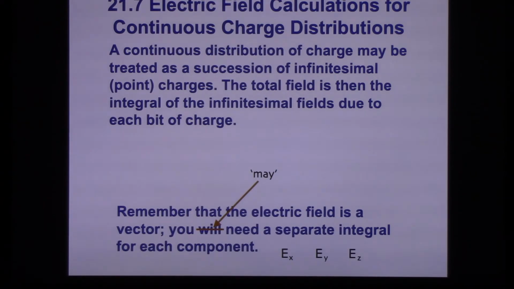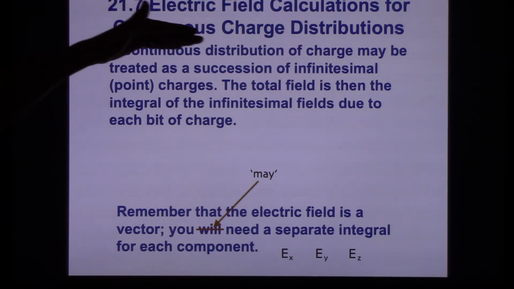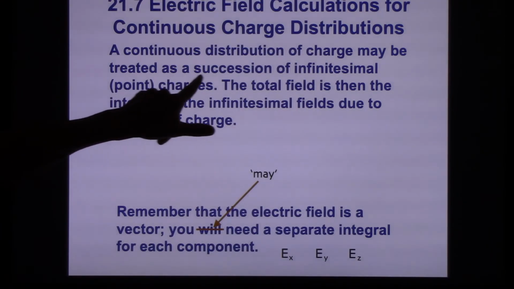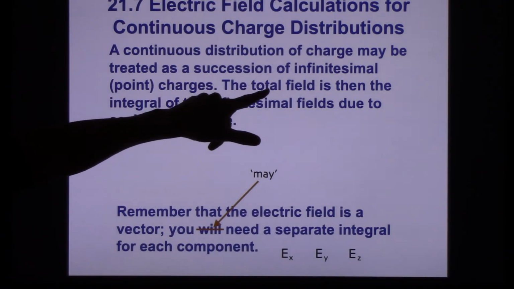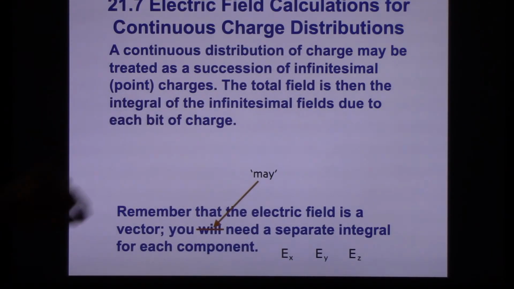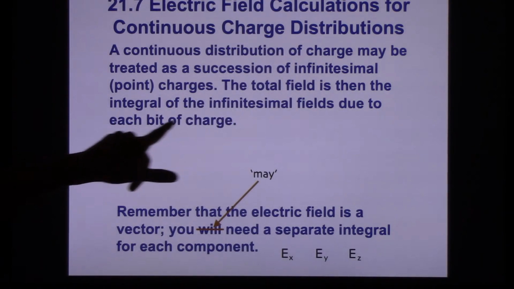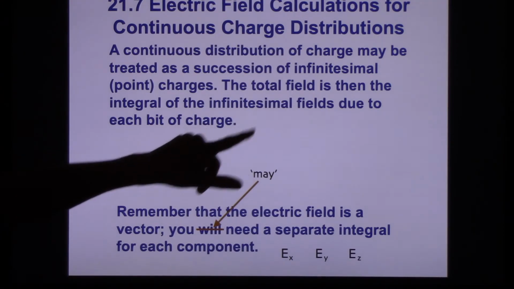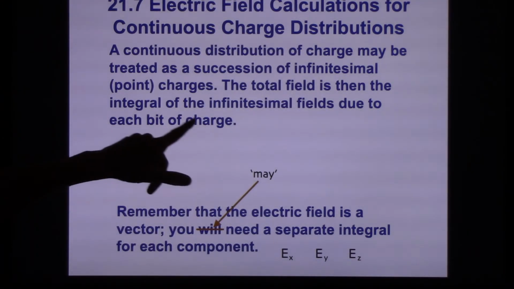So coming back to this slide before, a continuous distribution of charge can be treated as a series of infinitesimal point charges. The total field is the integral of the infinitesimal fields that are due to each bit of charge.